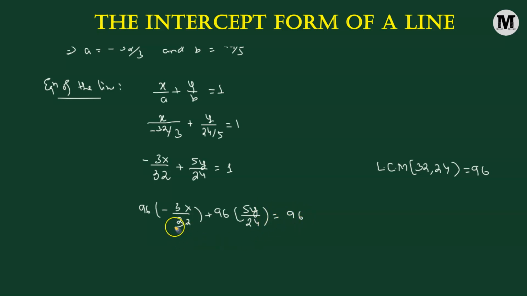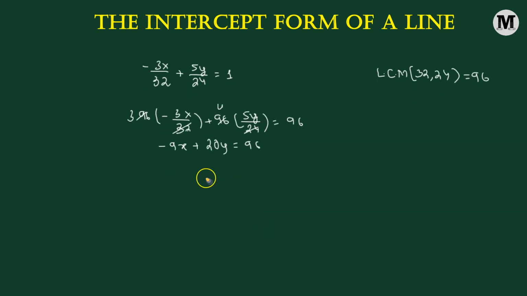Okay, so 32 times 3 is 96. 3 times -3x will be -9x added to, 24 times 4 is 96, and 4 times 5y will be 20y, equals 96.